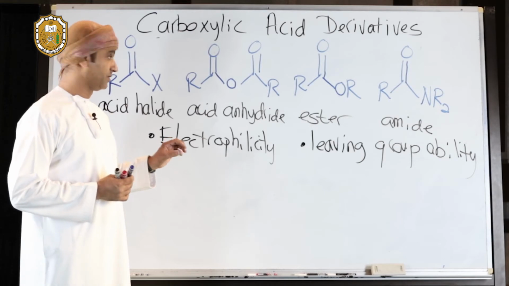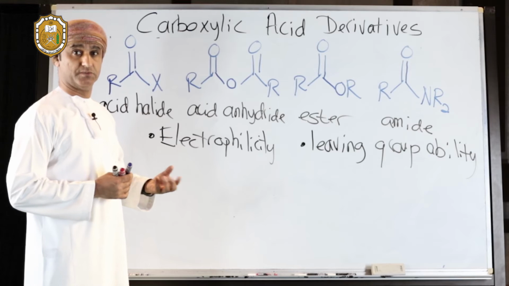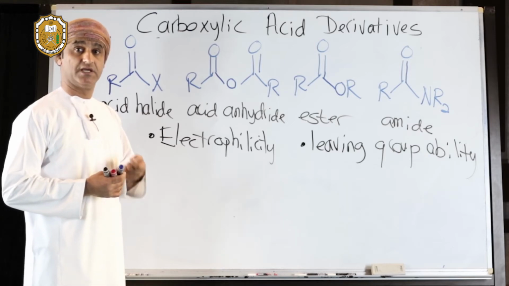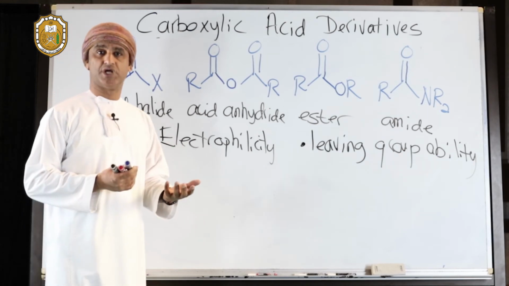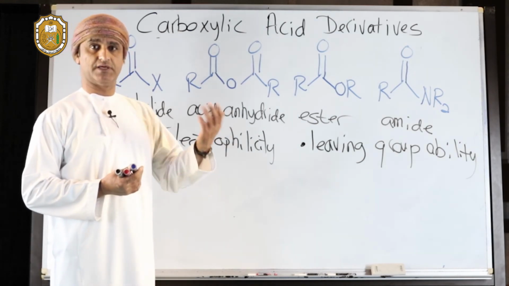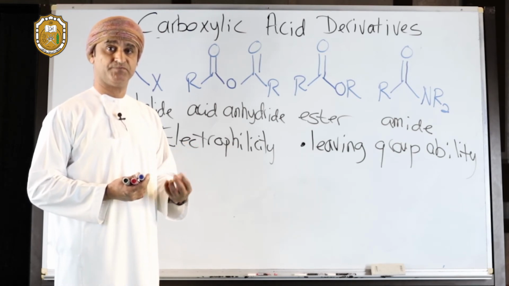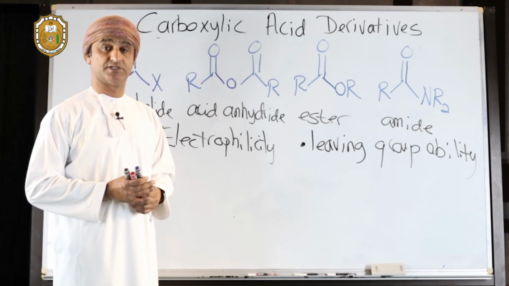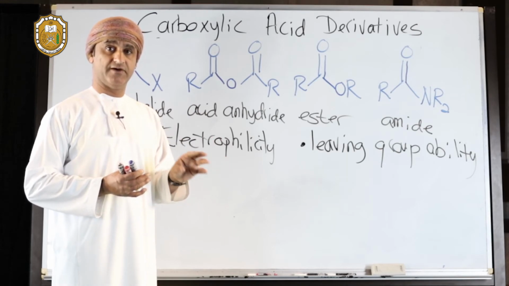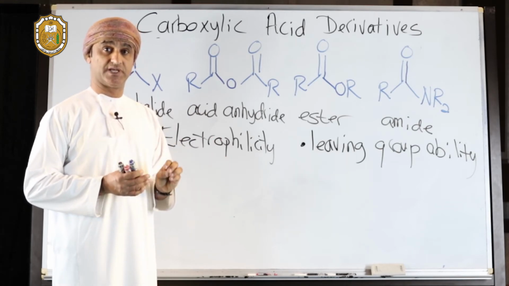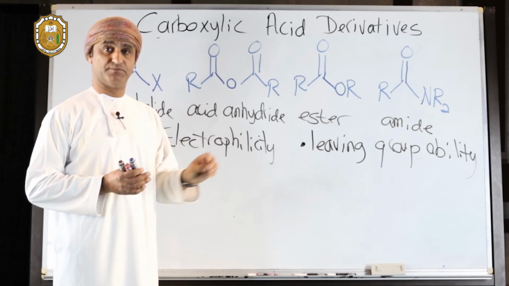The weakest base would be the best leaving group. The most stable ion would also be the best leaving group. Another way to judge leaving group ability is to look at the conjugate acids, at the pKa. A strong acid should produce a weak conjugate base, therefore a stable ion, therefore a good leaving group. A very weak acid should produce a very strong base, therefore an unstable ion and a very poor leaving group.